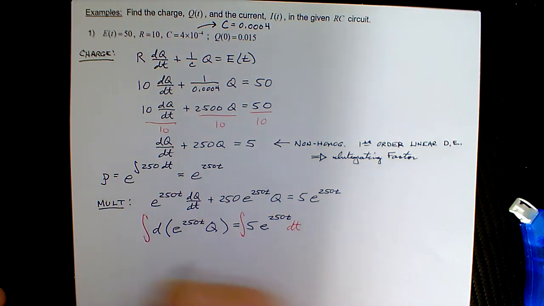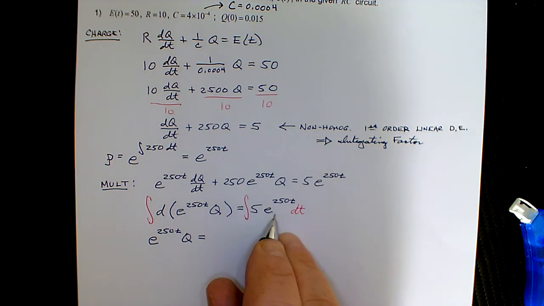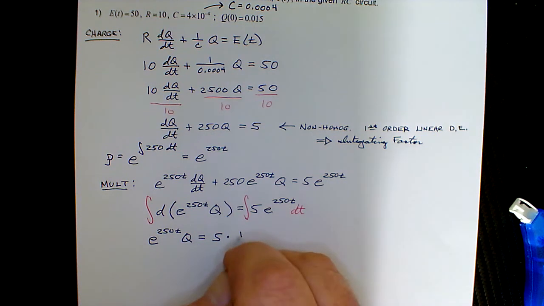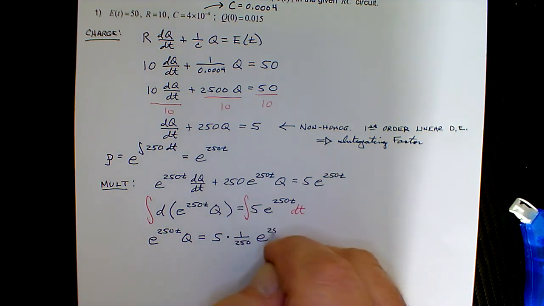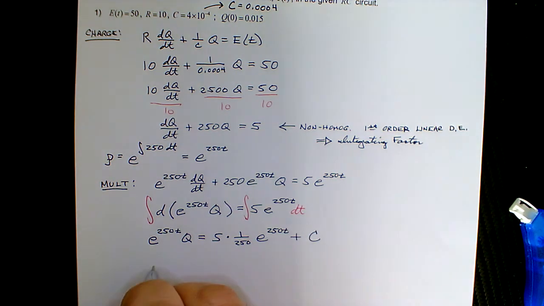And the integral of the derivative of something is that something. So e to the 250t times q is equal to, okay, here we have to use our rule for integrating e to the kt, which is 1 over k, so the 5 tags along, and we get 1 over 250, e to the 250t, and we get our constant of integration.